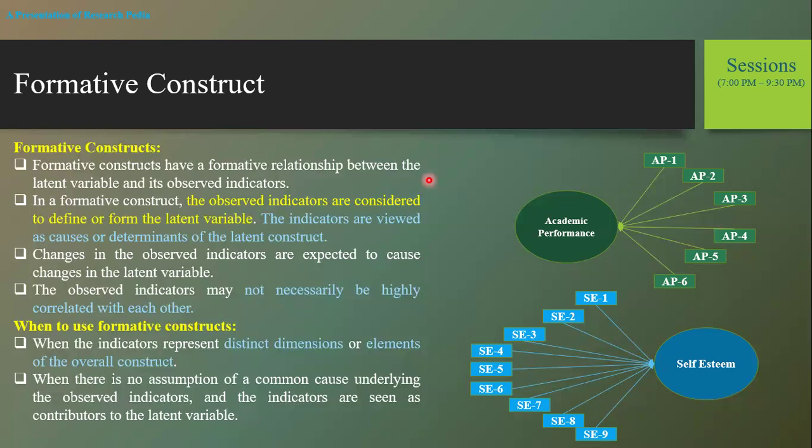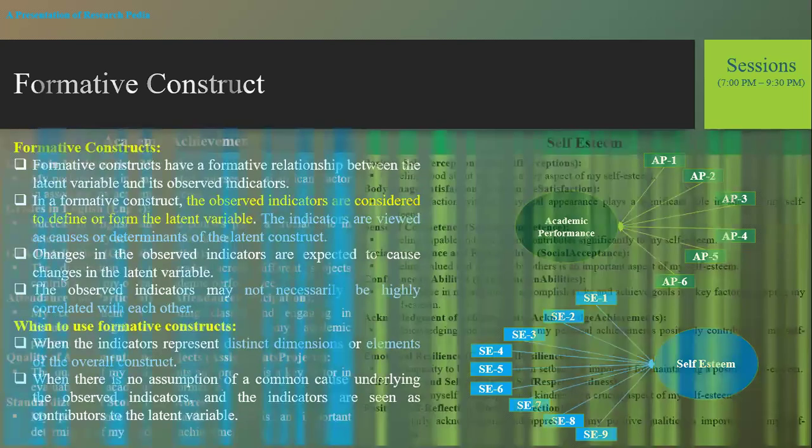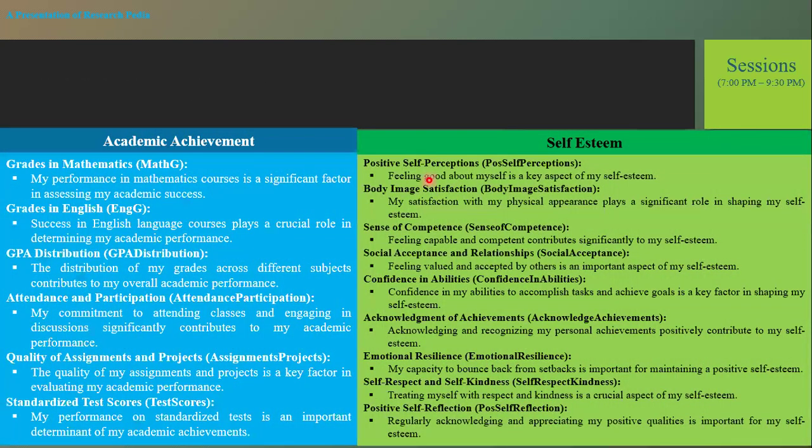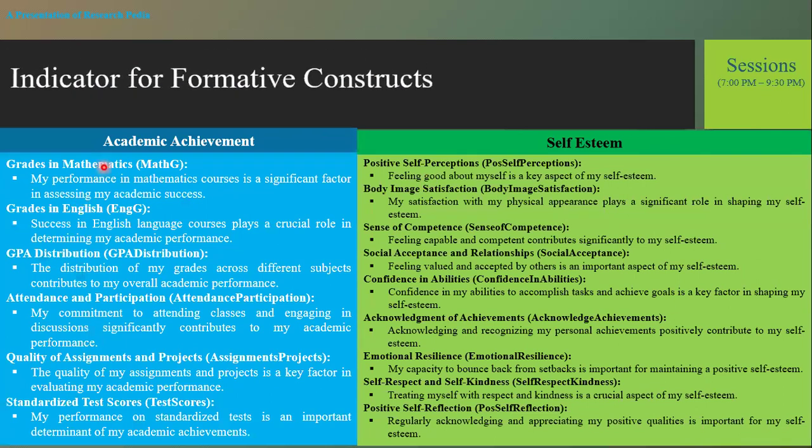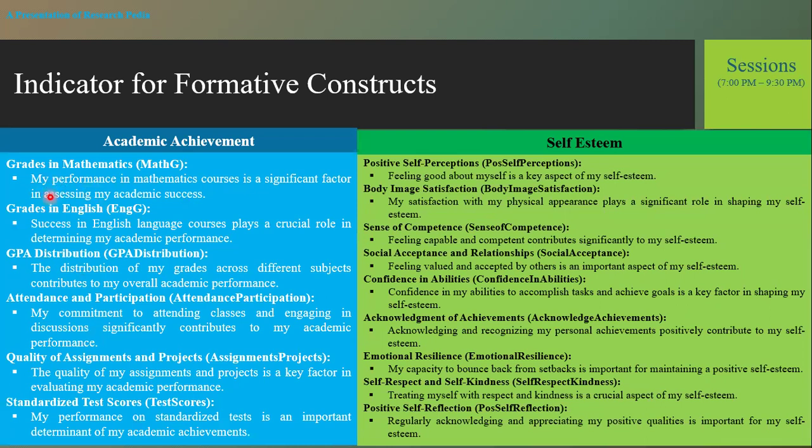In the case of reflective constructs, there may be a high correlation between the factors or indicators, but in the case of formative constructs, there may not necessarily be any high correlation between the indicators. You can see the wording of formative constructs. What is the difference in the statement? If you need to form academic achievement, it says my performance in mathematics course is a significant factor in assessing my academic success.